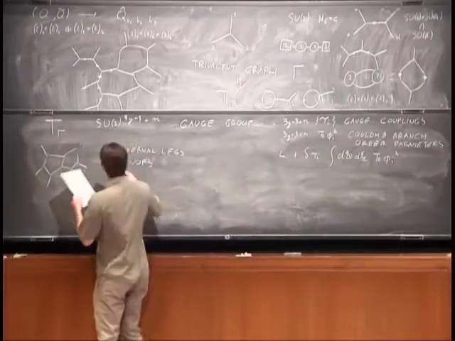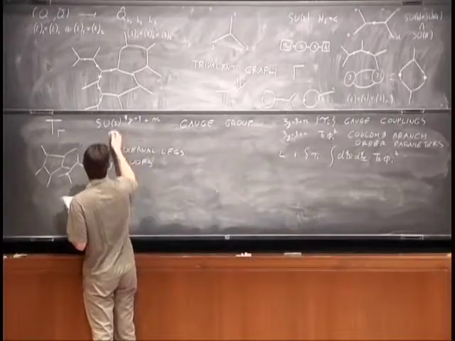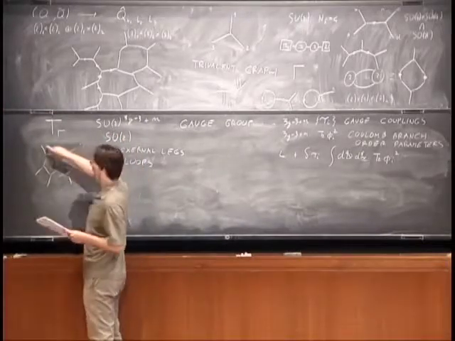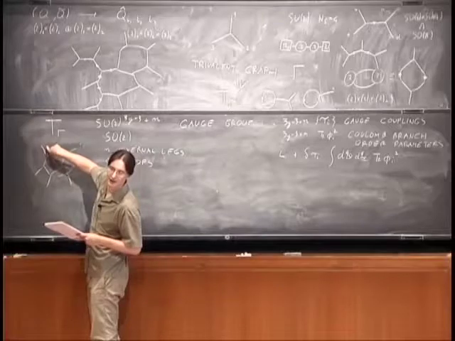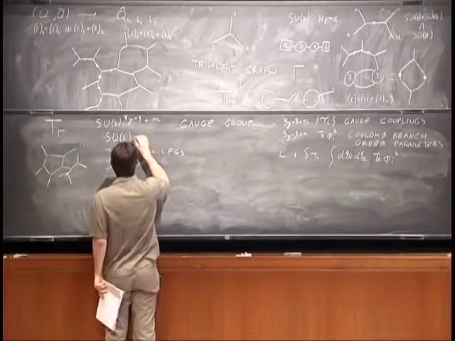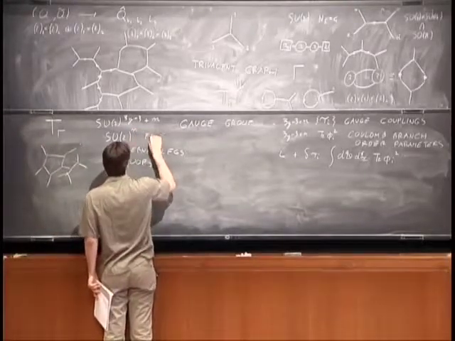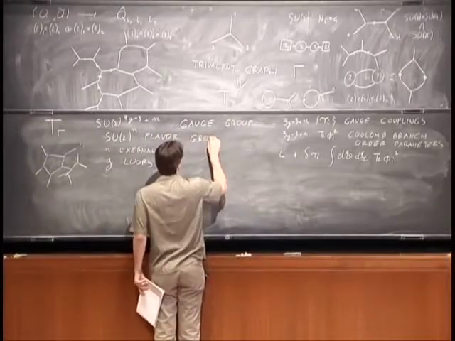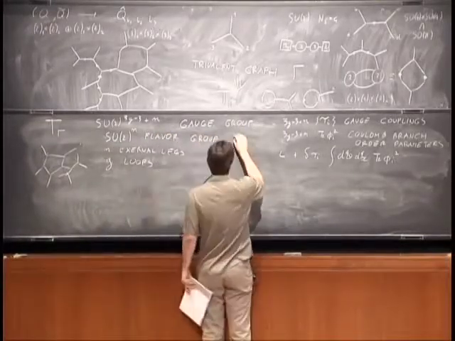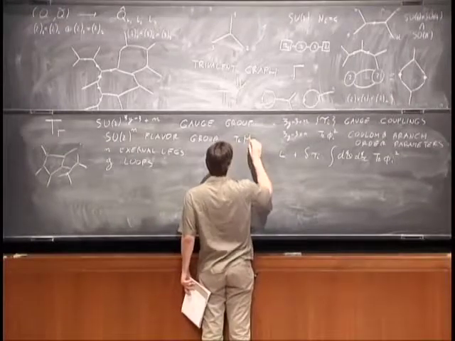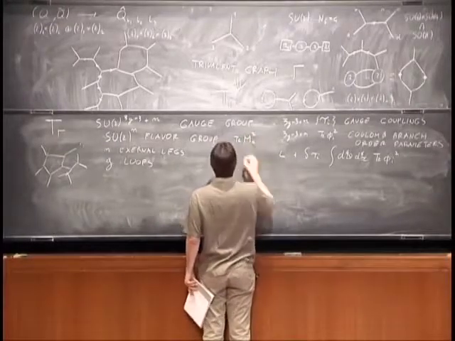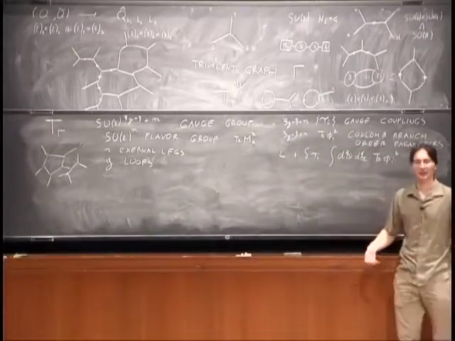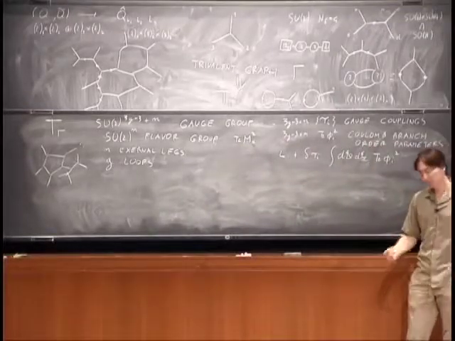Now, there is also a flavor symmetry group. Essentially, there is an SU2 flavor for every external leg. And in particular, there are the mass parameters for this flavor group, which are other parameters that are important in the infrared.